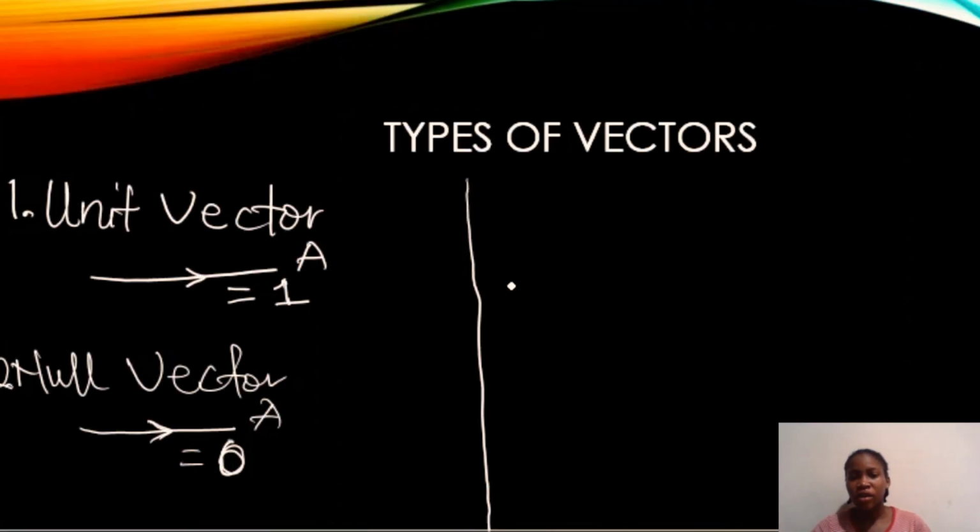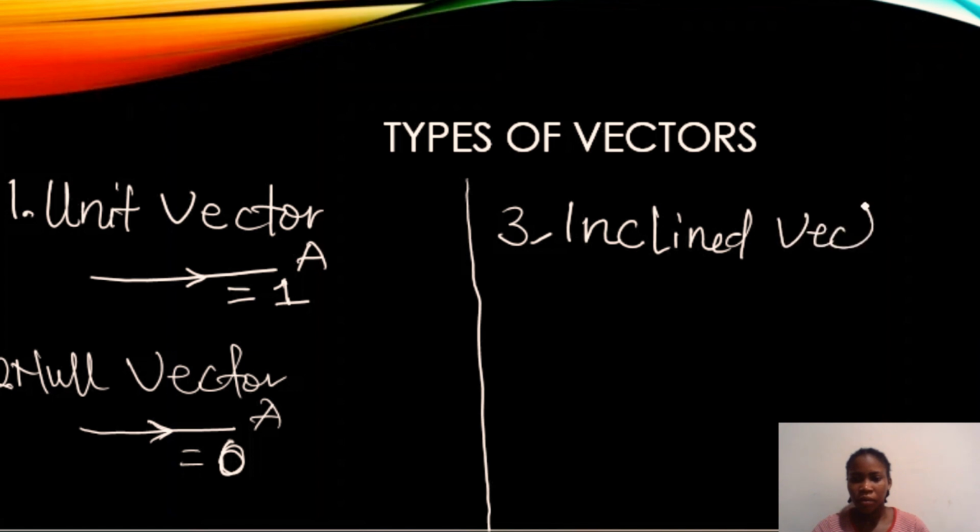Another type of vector that I would like to talk about is the inclined vectors. Inclined vectors are vectors that are inclined at an angle other than 0 degrees.